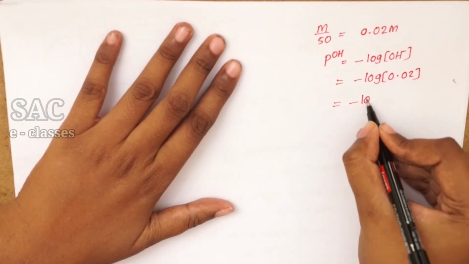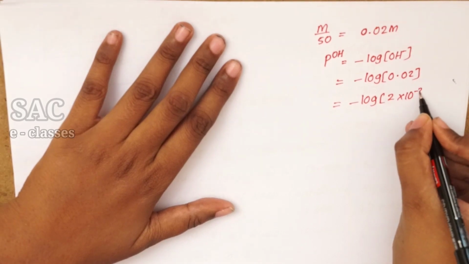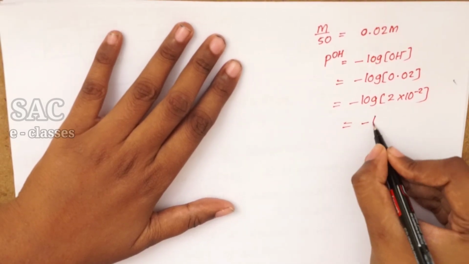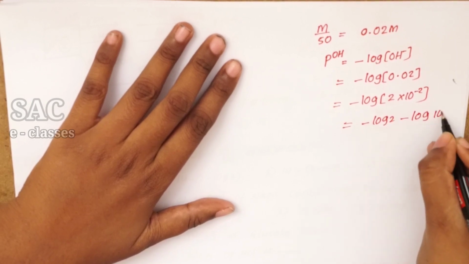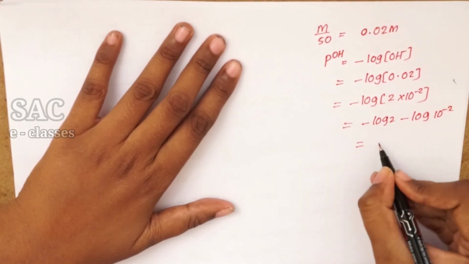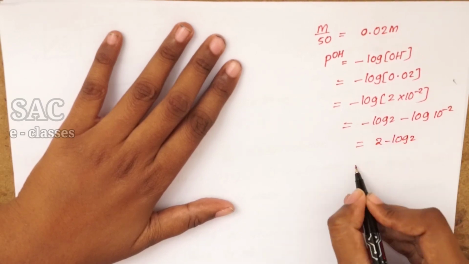We can write 0.02 as 2 into 10 to the power of minus 2. So minus log 2 minus log 10 to the power of minus 2. So it is 2 minus log 2 we got.